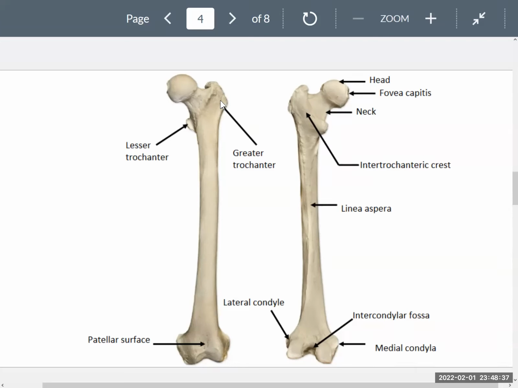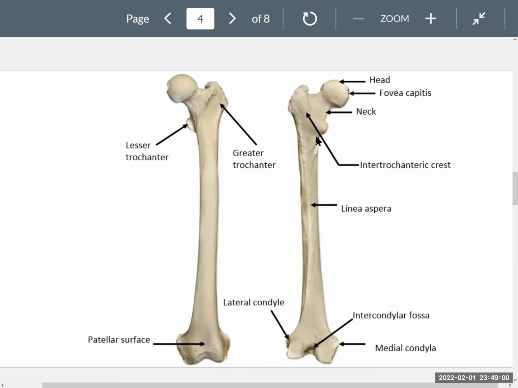Remember in the humerus, we had the greater tubercle, and it was lateral. Here's the greater trochanter. Here's the lesser trochanter. These are the primary spots for attachment of leg muscle.